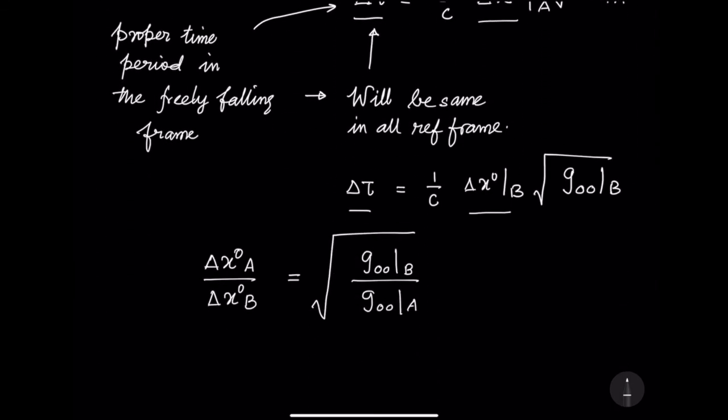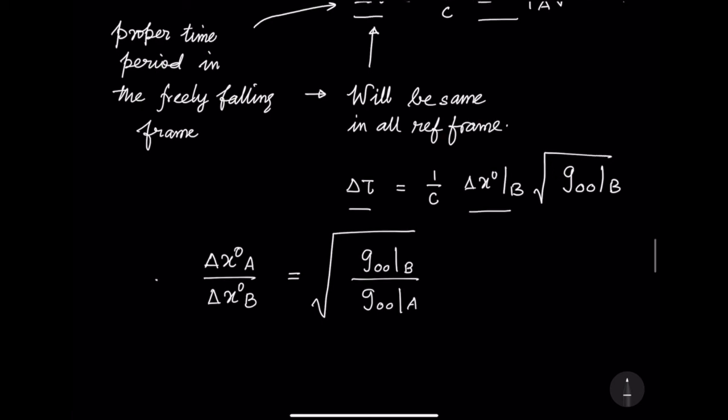So for these people, these are the time periods of the clock, and the time periods are the inverse of frequency. So I can say that they will see the light coming with the frequency nu A here and nu B here. Okay, so I say light and clock kind of synonymously.